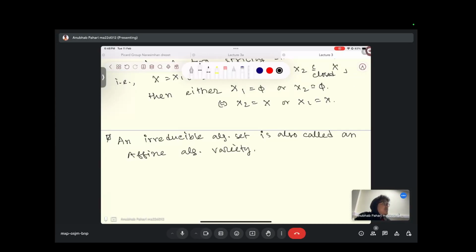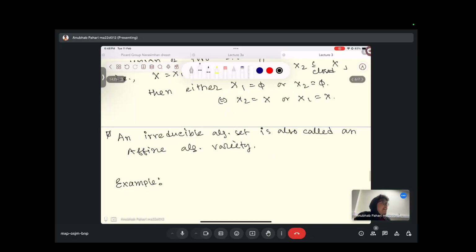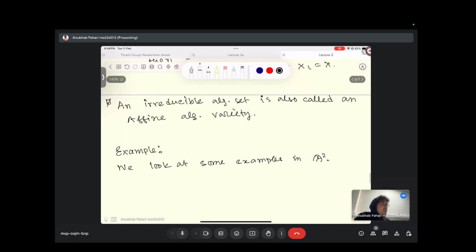So now first look at some examples in A2, that means the affine plane.